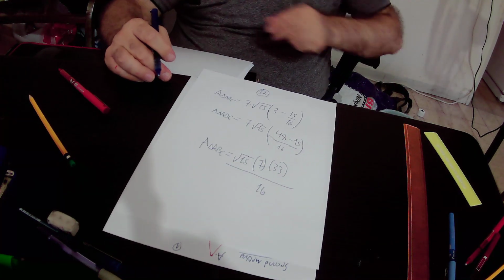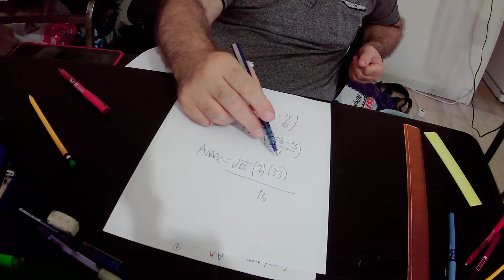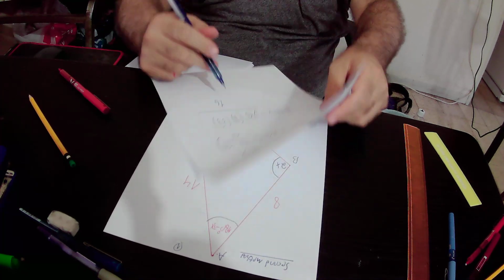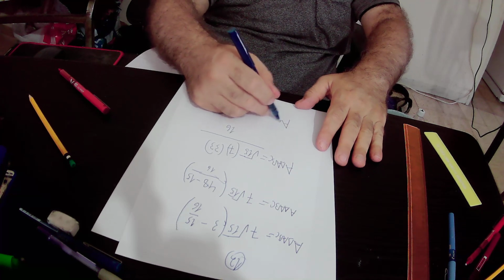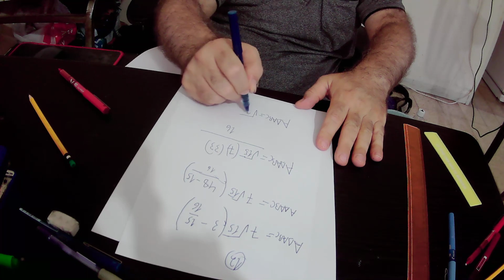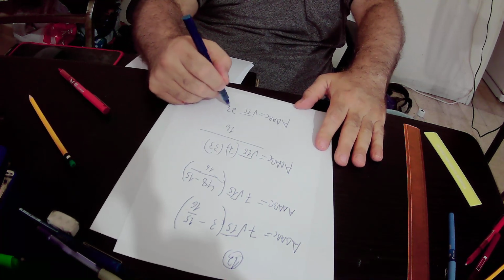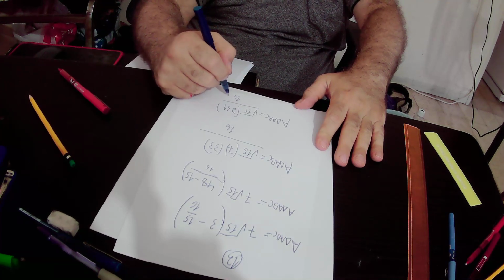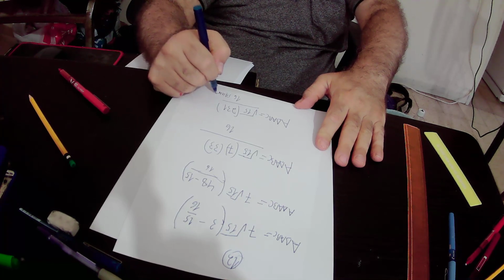So the area of triangle ABC equals root 15. 7 times 33 is 231 over 16. Again, 7 times 33 is 231 over 16 square units.